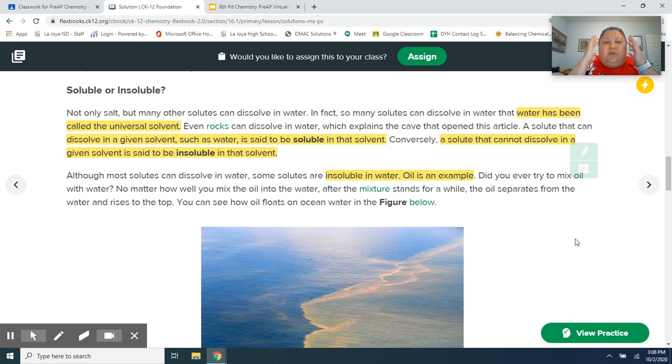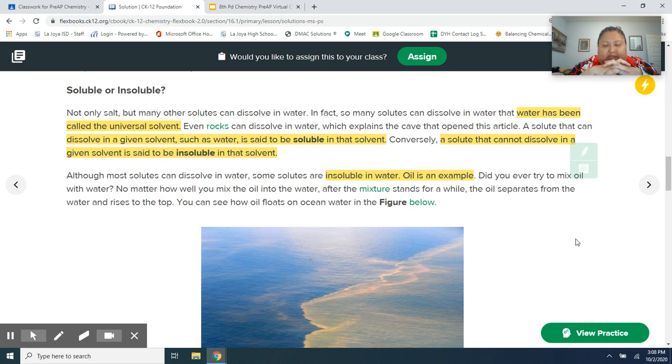Make sure that you always remember that, because just about every solution has water as the solvent. Even rocks can dissolve in water, which explains the cave part of our introduction that Victor read. A solute that can dissolve in a given solvent, such as water, is said to be soluble in that solvent.